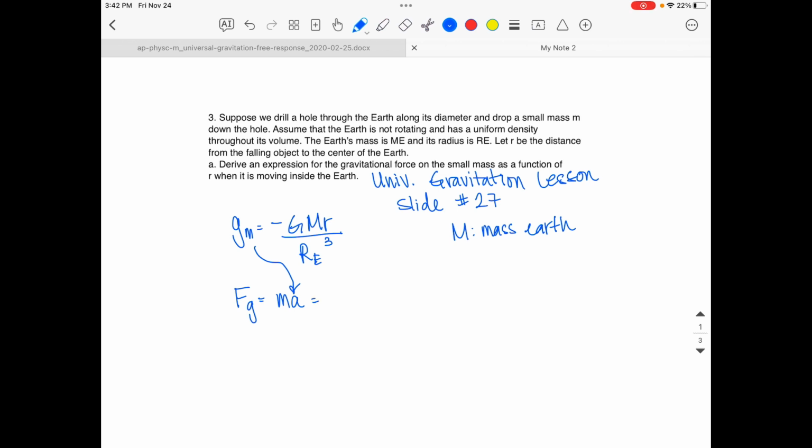So then all we have to do is take our mass and our acceleration due to gravity above, and you've got your equation for gravity: capital M, little r, over the radius of the Earth cubed, when r is less than the radius of the Earth.